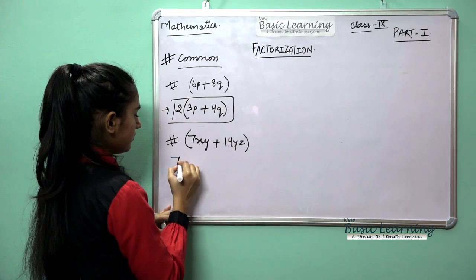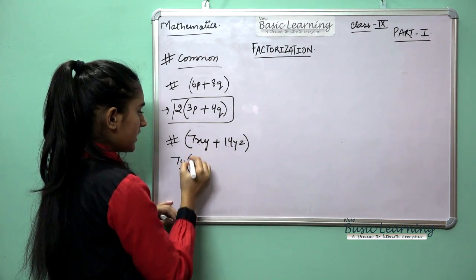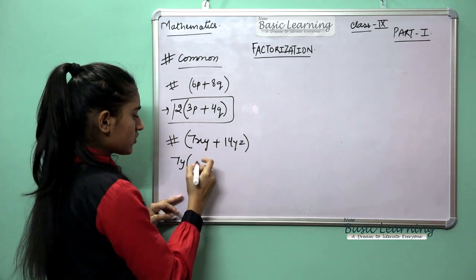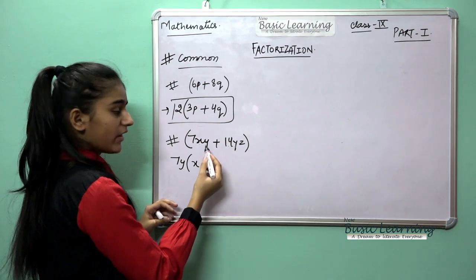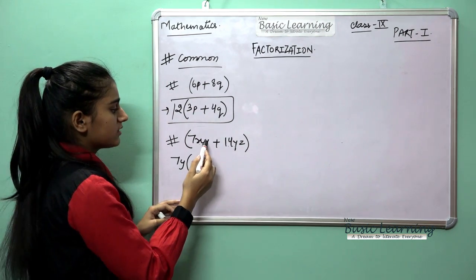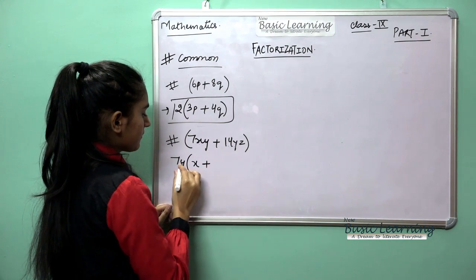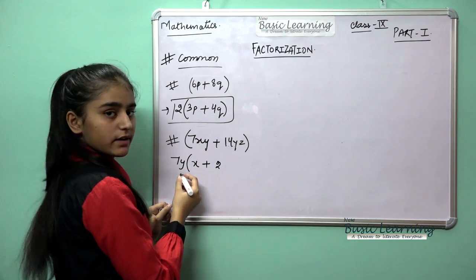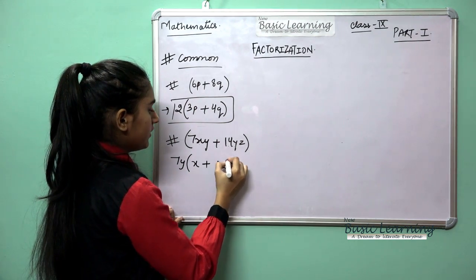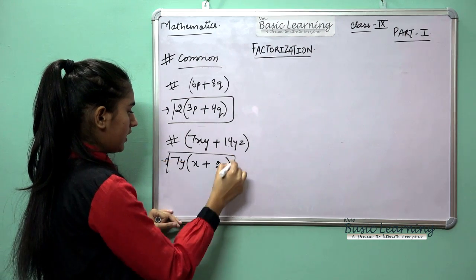So we take 7y common, 7 ones are 7, x is left, we do not take y again because we have already taken it out. Plus 7 twos are 14, y already taken out, we are left with z. So this is the answer.